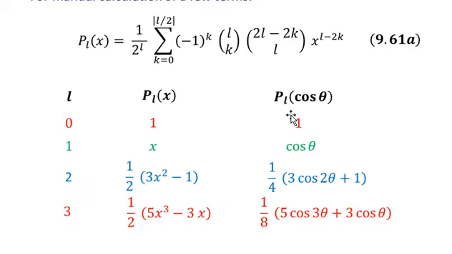I have also shown the values of PL of cos of theta in the third column. So you can also work out the others, and these tables are also available on internet resources. Without calculating, you can consult those tables, find the values of these Legendre polynomials, and construct the overall azimuthal wave function of the hydrogen atom.